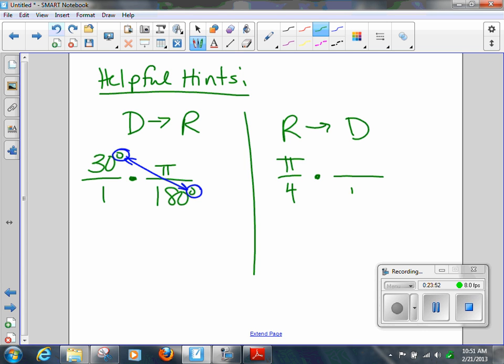Pi. This is something I don't have to think about, because if they're on the diagonal, they cancel out. I multiply, I simplify, and I get my degree measure. Just a real quick way to recap how to convert radians to degrees, degrees to radians.